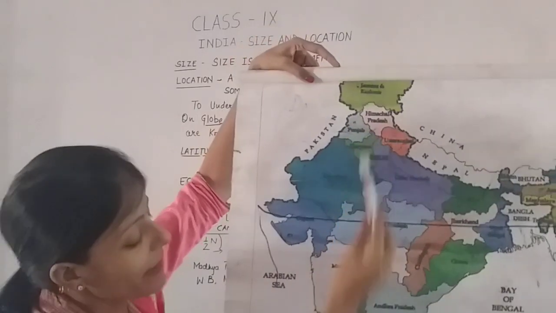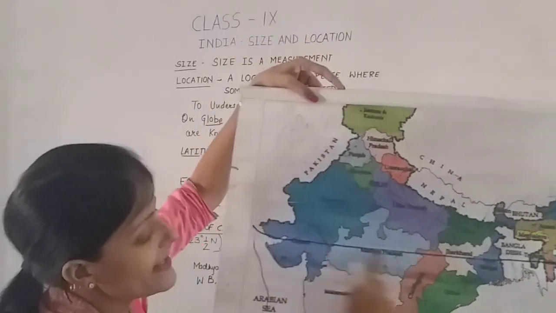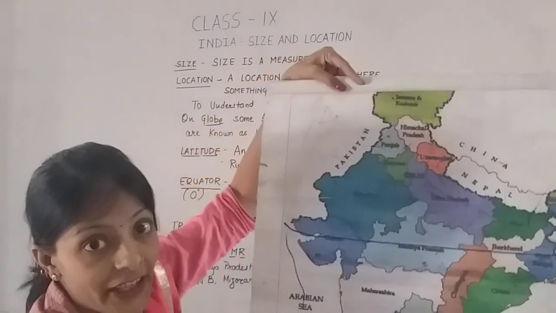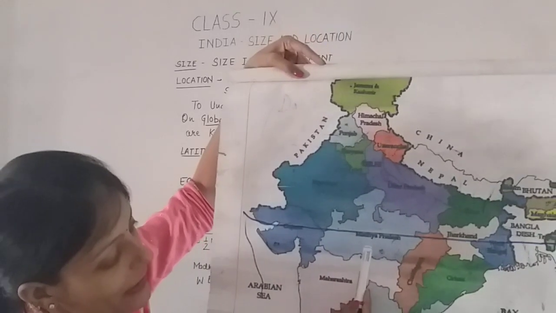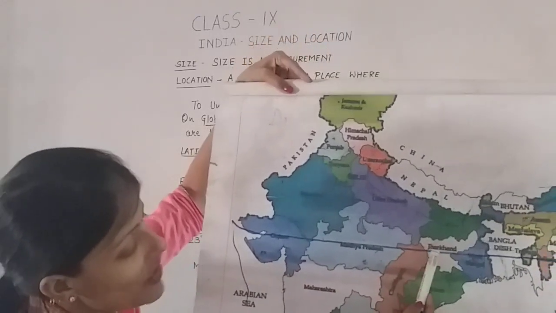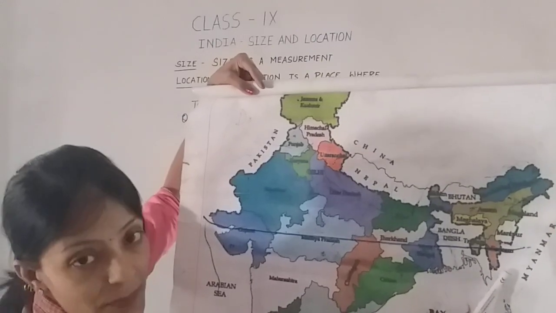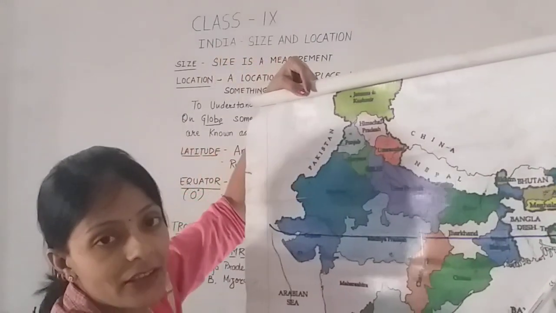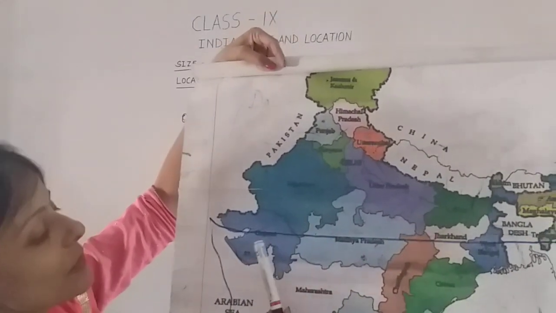Tropic of Cancer passes through 8 states of India and it divides India into two equal parts. Gujarat, Madhya Pradesh, Chhattisgarh, Jharkhand, West Bengal, Tripura, and Mizoram. I am repeating the states through which Tropic of Cancer passes.